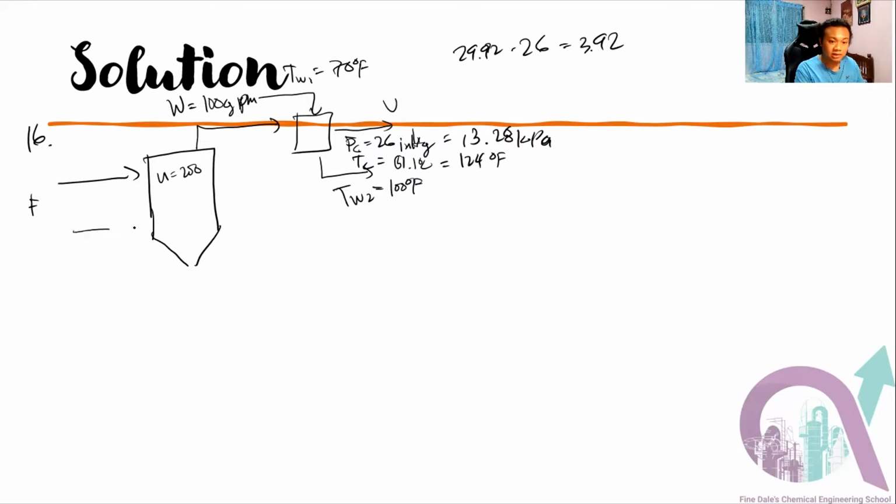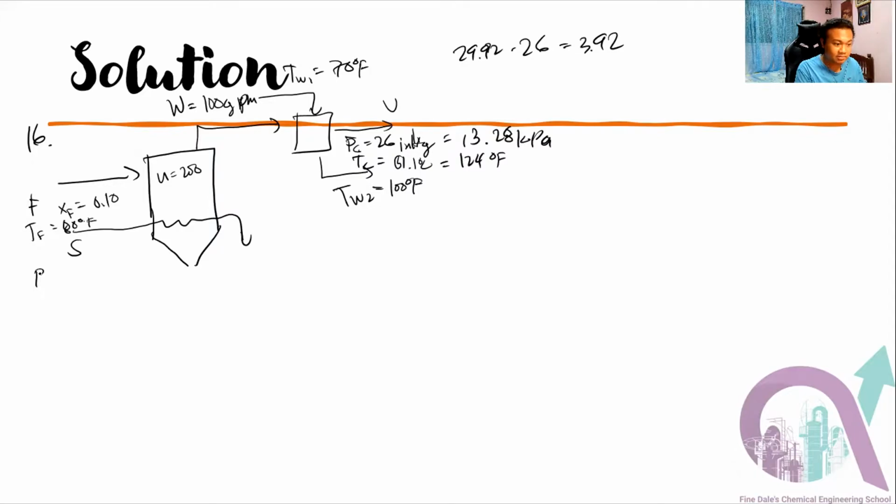Okay, so let's see our S here. Then we have XF of 0.1, and the temperature of the feed is 80 degrees Fahrenheit.